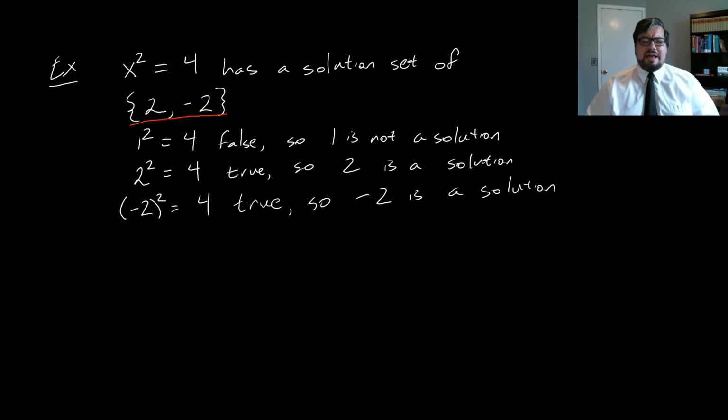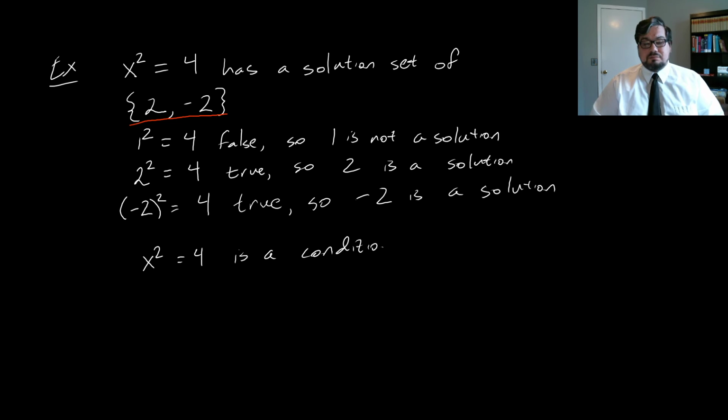Sets don't have any order to them. So if you wanted to write this as the set containing negative 2, comma 2, that would work out just fine. And so once again, we have that x squared equals 4 is a conditional equation.